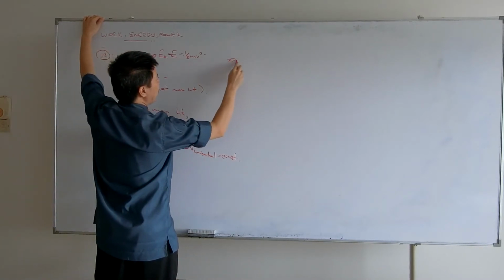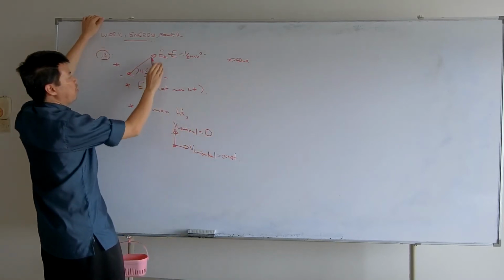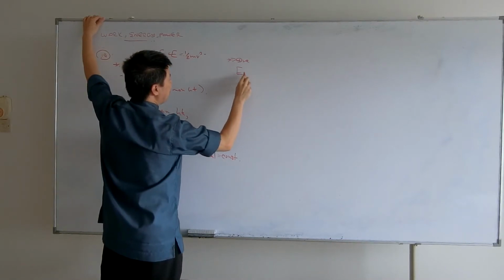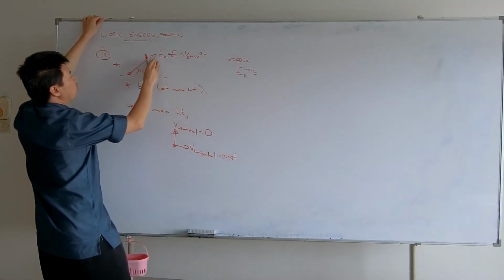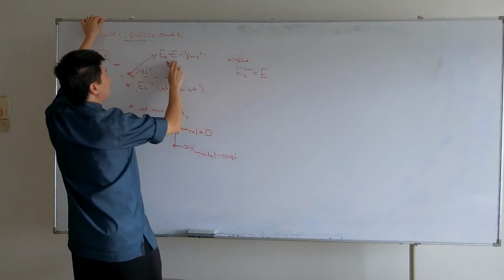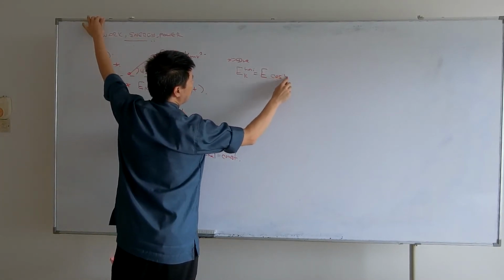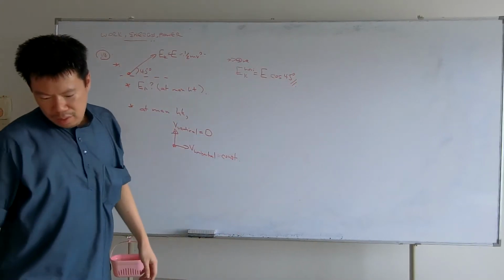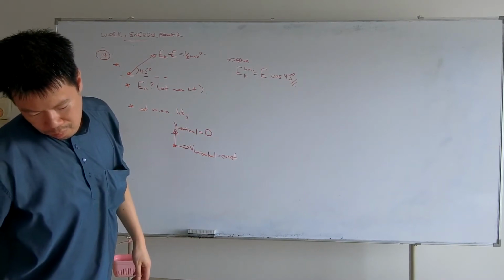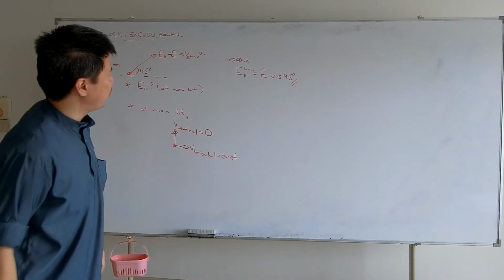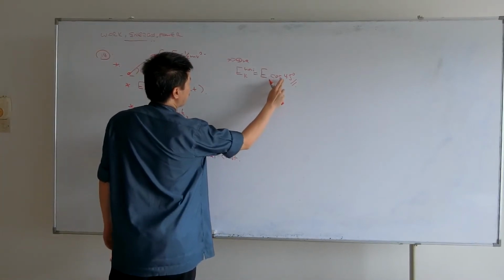If we take horizontal to be our main direction, we have E, that means EK in the horizontal component is equal to E cos 45 degrees. If we know that is true, we will be able to get the right answer. So, E cos 45 degrees.